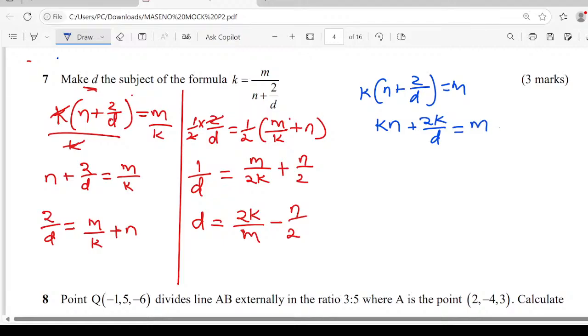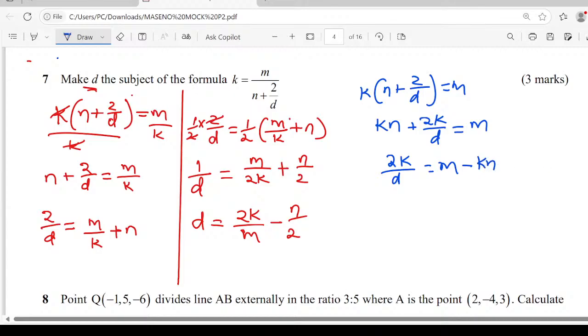You can do it that way. Then when you reach there, our interest is to remain here with d. So the kn will cross there, whereby I'm now going to get 2k over d being equal to m minus kn.